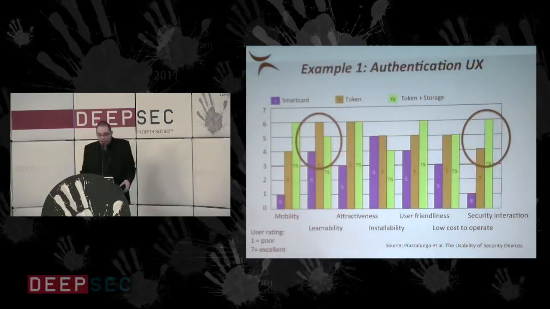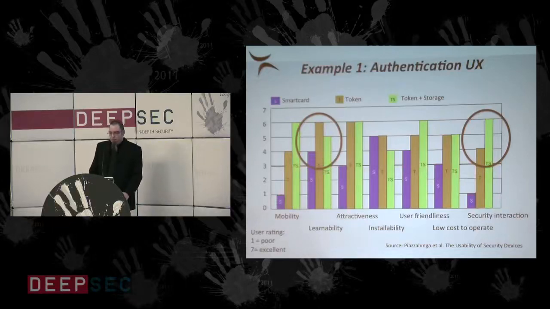In this study, 3 authentication tokens were evaluated. Okay, 1 smart card, 1 authentication token, and 1 authentication token with some storage facility. I picked out learnability and security interaction with the token versus the token plus storage.